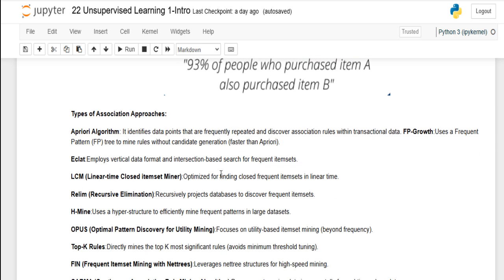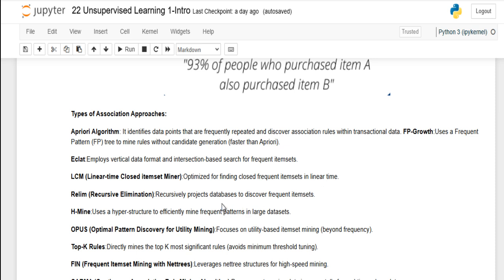We have Apriori association, which is a common one, which defines data points that are frequently repeated and discovers association rules within transactional data. We also have FP-Growth, which uses a frequent pattern tree to mine rules without candidate generation. This one is faster than Apriori.